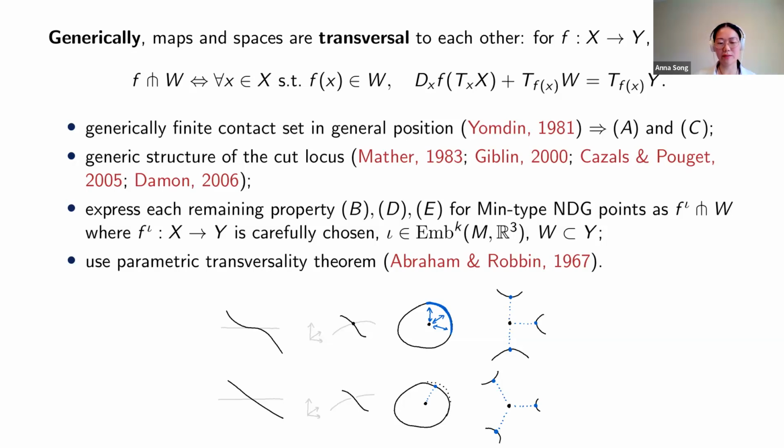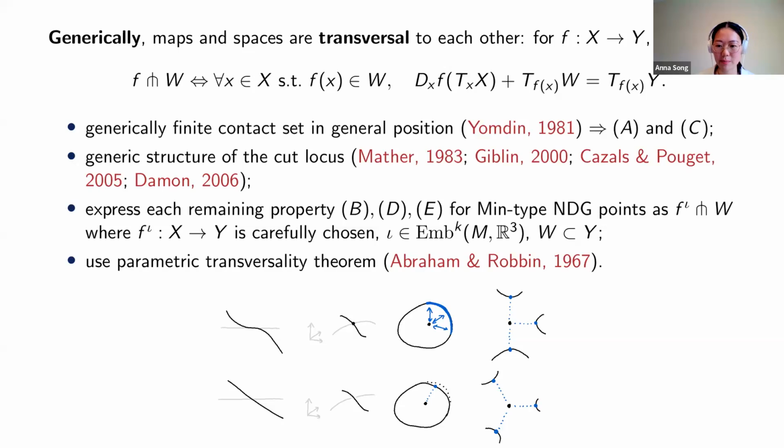However, it is generic for them to cross transversally, not tangentially. And it is not generic that two curves in 3D have an intersection because 1 + 1 is strictly smaller than 3. What is generic is that these two curves have empty intersection. Likewise, it is generic to have only a finite number of critical points, as was shown by Yomdin, and it is non-generic to have, again, infinitely many critical points.